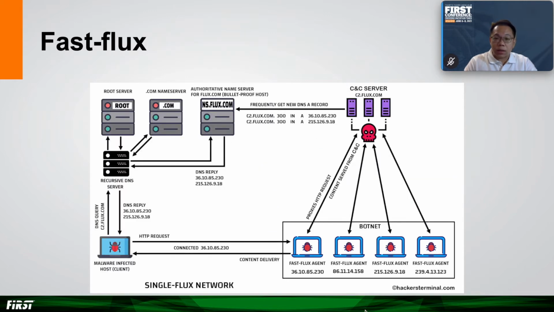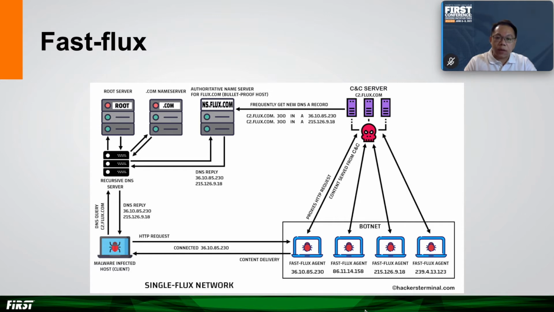Fast-flux is a technique that involves frequent and rapid changing of the IP addresses associated with a fully qualified domain name by using a botnet acting as a reverse proxy. There are two types of fast-flux service networks, which are single-flux and double-flux networks.